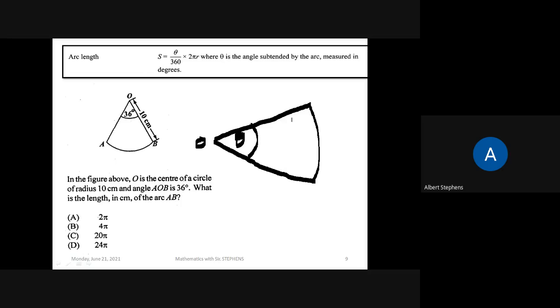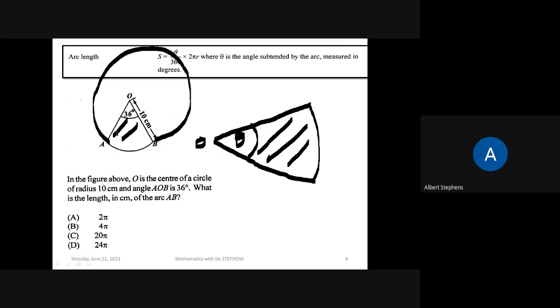All of this area is called a sector. Actually, it's called a minor sector because this is part of our entire circle, not true? So this will be the minor sector, and the rest would have been the major sector.